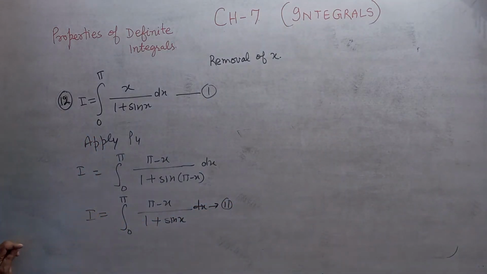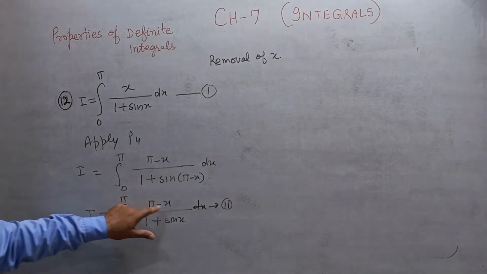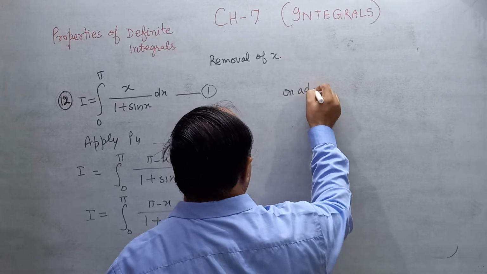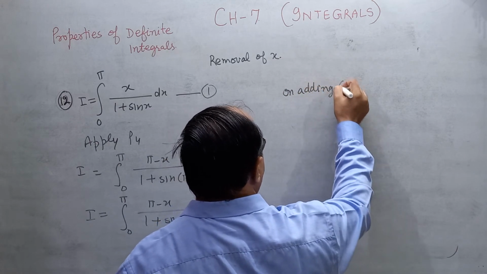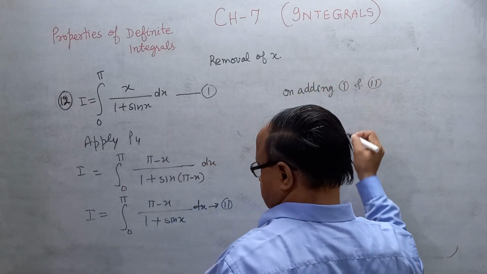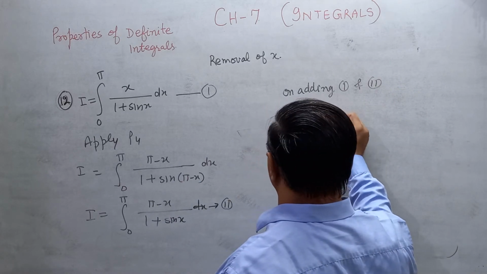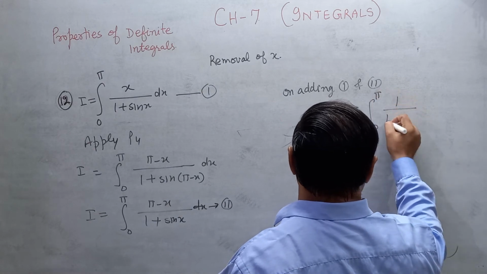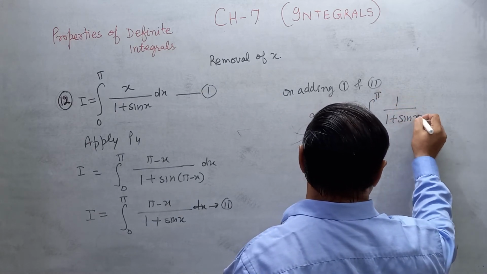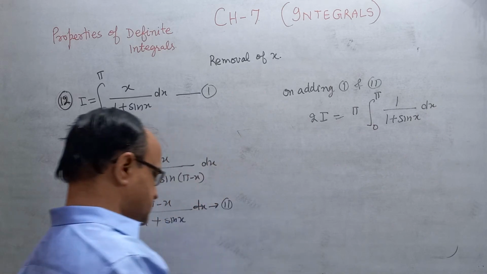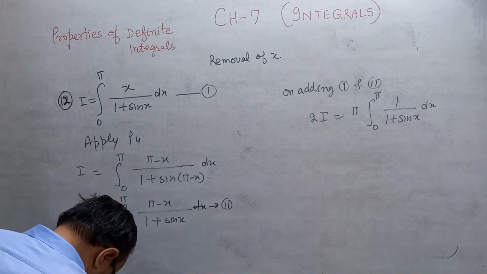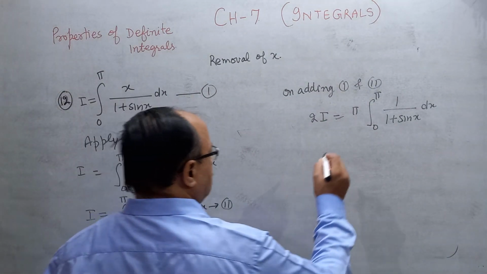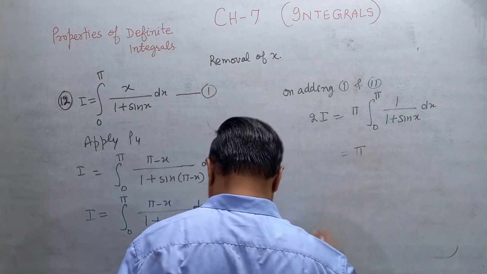Now on adding first and second, x plus pi minus x, I plus I is 2I, that is pi outside, integral 0 to pi of 1 upon 1 plus sin x dx. Correct? Now you can solve further.